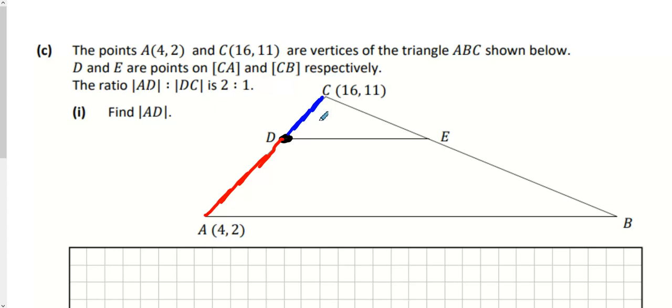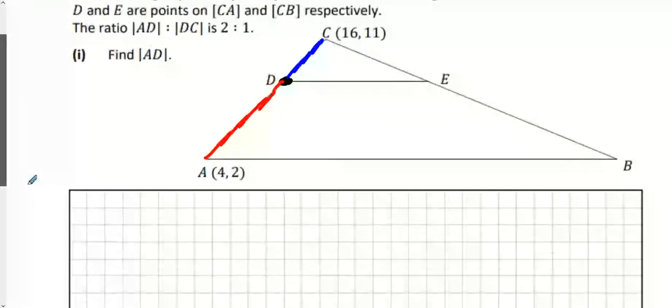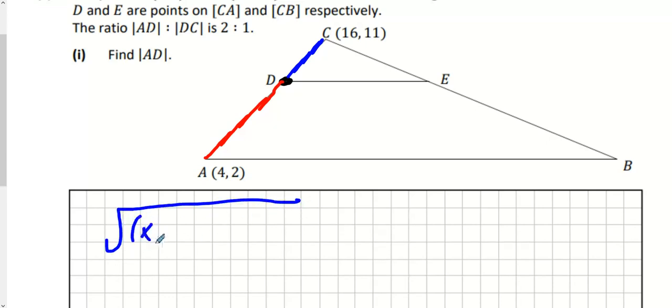I was going to do like find the point, but I can just get the total length and divide it by 3, which is probably what I should do. Just get the total length from A to C, and then just get 2/3 of it. So that would probably be the quickest way of doing this. Okay, so we're going to use the x2 minus x1 squared plus y2 minus y1 squared.